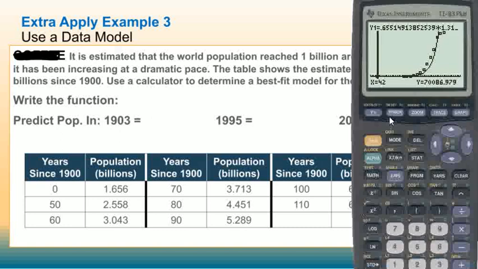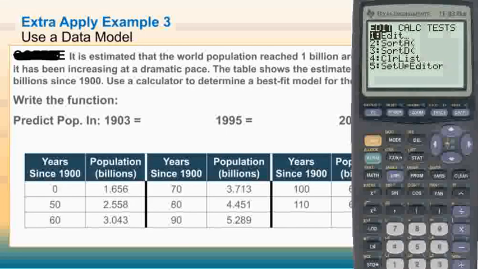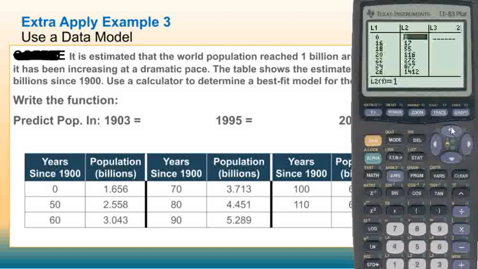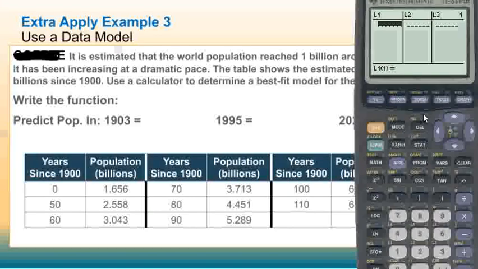We need to go to our stats, edit, clear everything. And then we're going to type in 0, 50, 60, 70, 80, 90, 100, and 110.